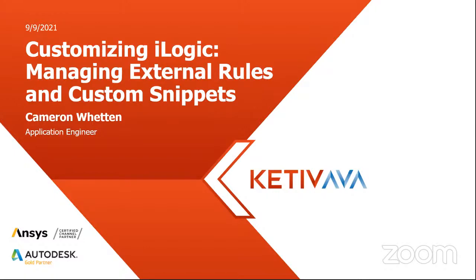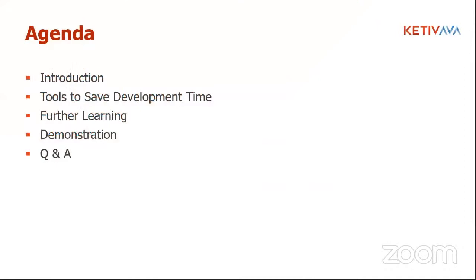Welcome, everyone. Like Adam said, today we're going to be talking more iLogic and talking about how to manage our external rules and custom snippets. So first, I'll introduce myself, and then we'll talk a bit about some of the tools that we can use to save you development time. Then I'll mention another video that is tangentially related to the topics we're going to be talking about today.